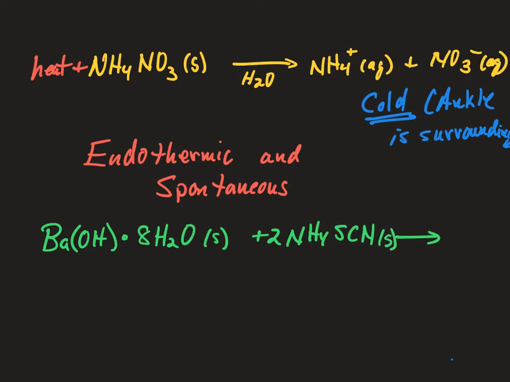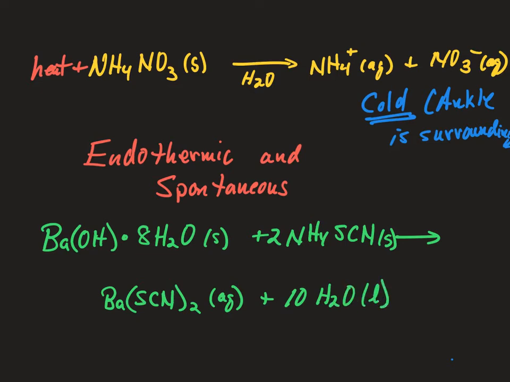This is also a solid. If you mix those two solids together, they rapidly liquefy, and you get barium thiocyanate plus water, right? And if we balance this appropriately, it is 10 water, which quickly liquefies, and 2 ammonia, which is gaseous.